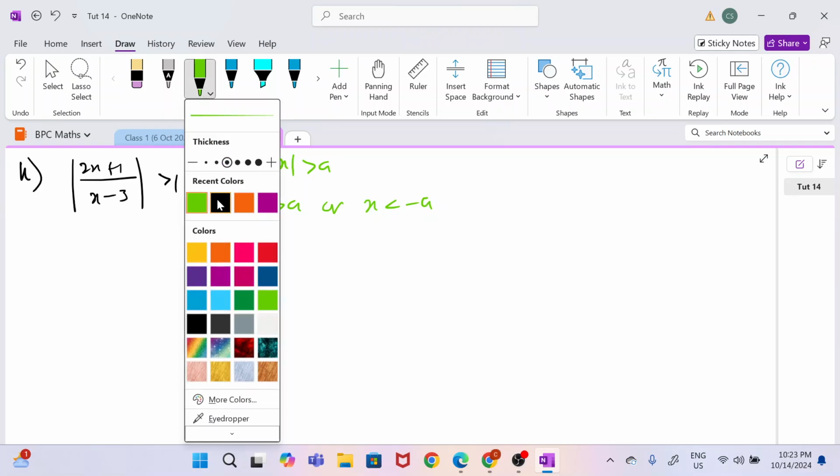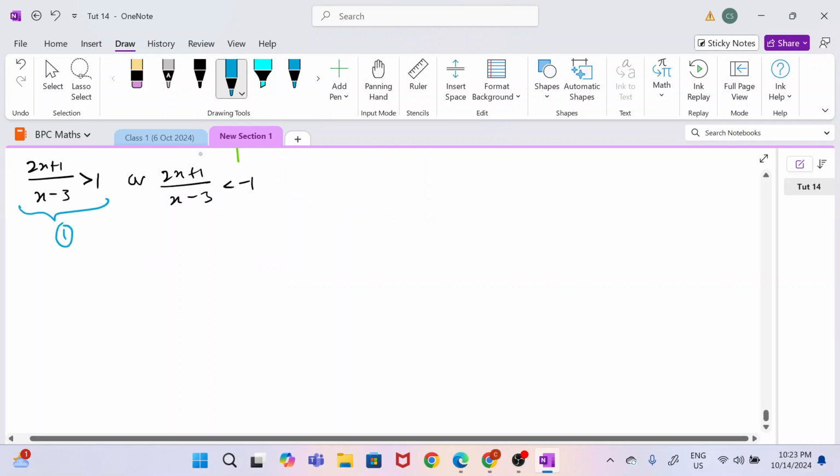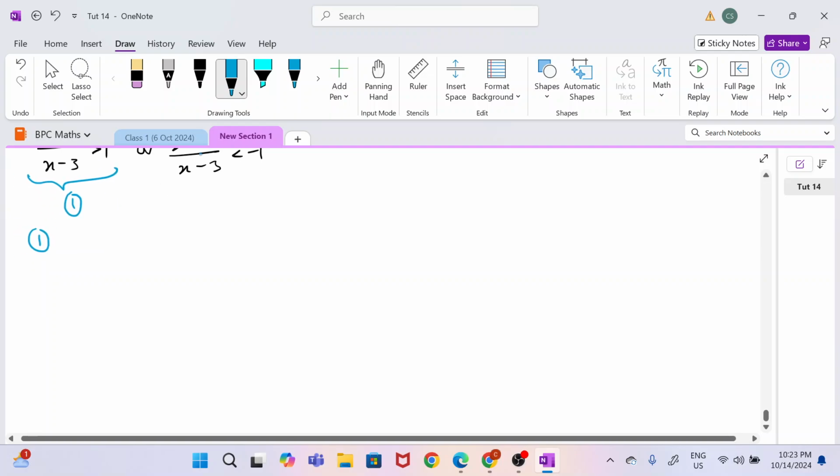So here I am going to split into greater than a, or less than -1. So I'm going to do the first inequality. The method is the same. I'm going to do two inequalities. Almost the same.